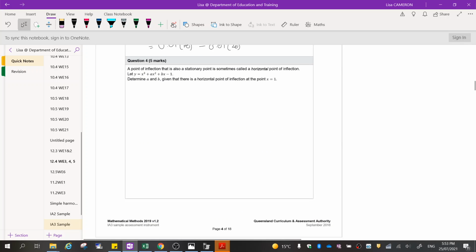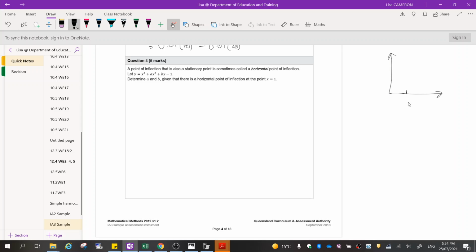Okay, so a point of inflection that is also a stationary point, sometimes called the horizontal point of inflection. Let y equal this, determine a and b given that there is a horizontal point of inflection at x equals 1. So what this is actually saying to us, this is our graph.